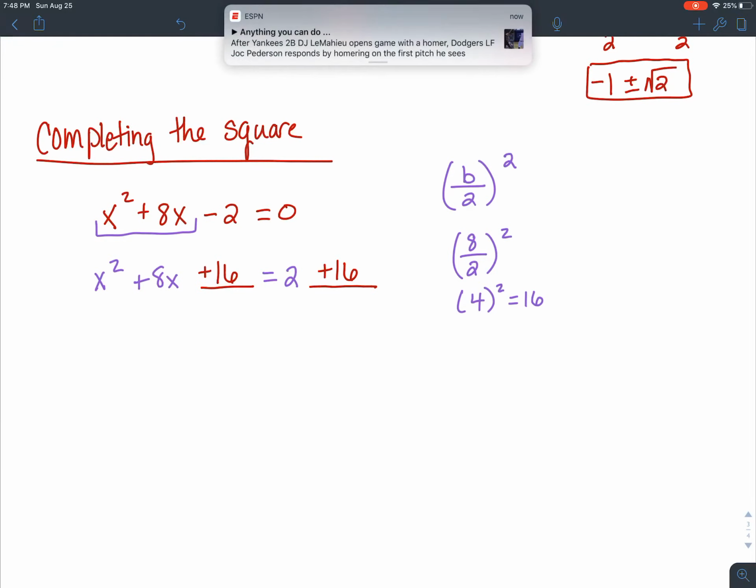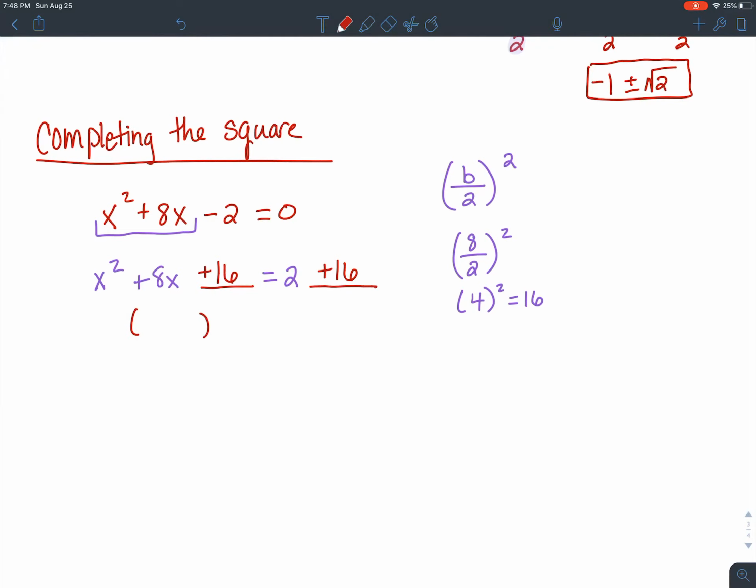All right? ESPN update, in case you were wondering. Now, I need to factor. When you factor, it just becomes half of whatever b is. So this is b, 8. This becomes positive 4. If it was a negative, it would have been a negative 4.